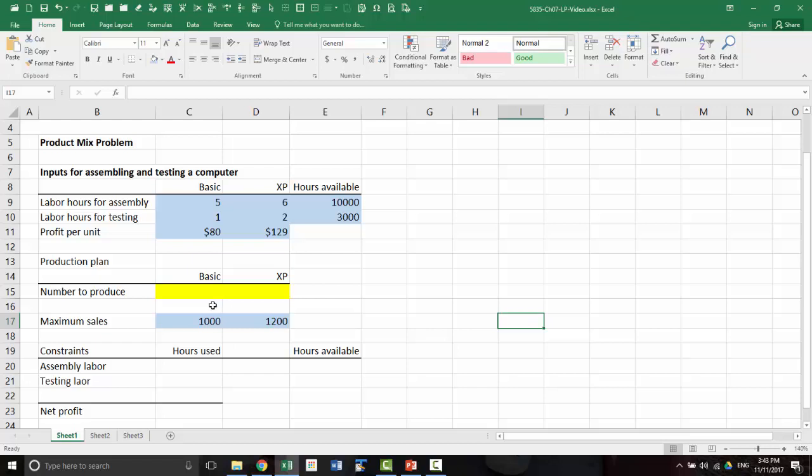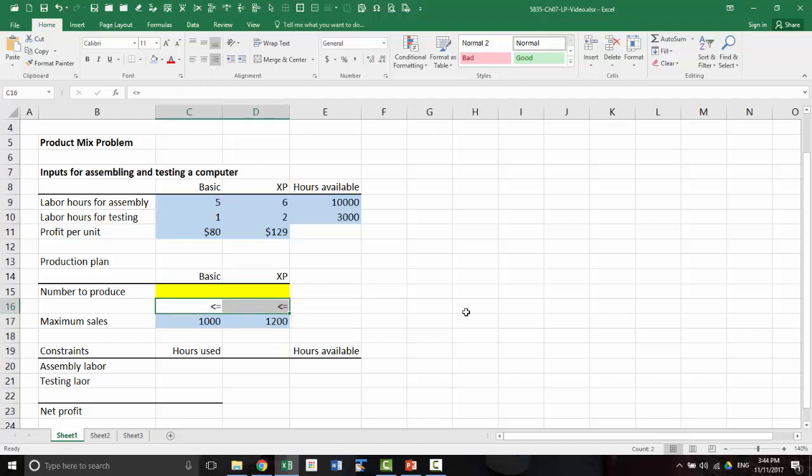Okay. Now, remember, this has to be less than or equal to, that is, the value that you enter in these two cells cannot exceed these two cells. Now let's align this properly. We don't want this less than sign on one side and the numbers on the other side.